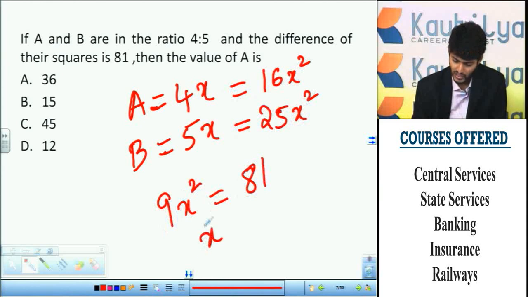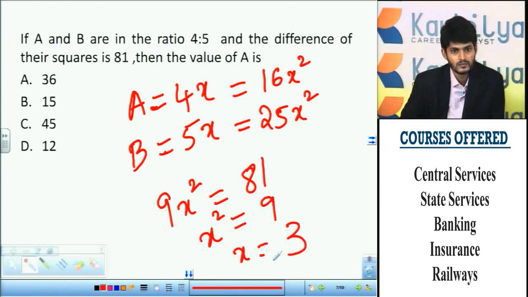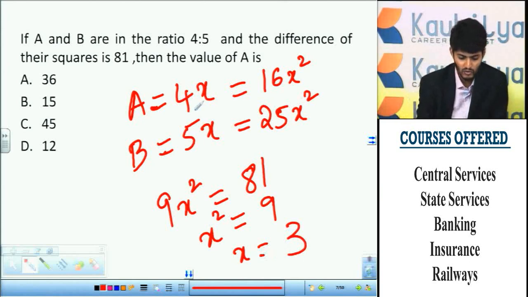So x squared will be 9, and x would be 3, right? You might argue, sir, x can be plus or minus 3. Yes, I'll take your answer. x can be plus or minus 3, but since the question asks for the value of A, which is 4x, and negative values are not considered in this category, A is 4 into 3, which is 12. So the answer would be 12 in this case.